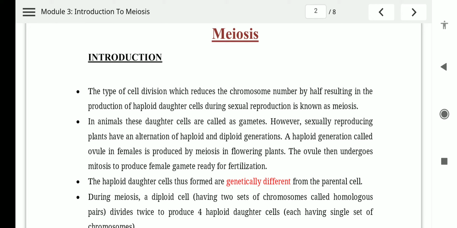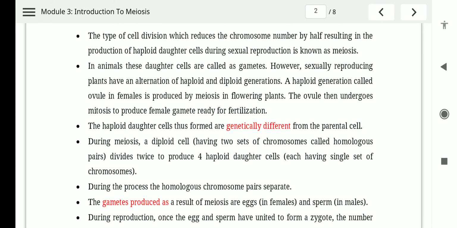Now, the haploid daughter cells formed in meiosis are genetically different from the parental cell. During meiosis, one diploid cell contains two sets of chromosomes called homologous pairs. It means one is the father's chromosome and another is the mother's chromosome.